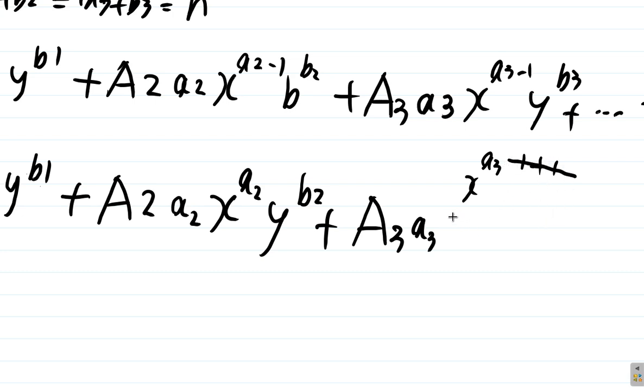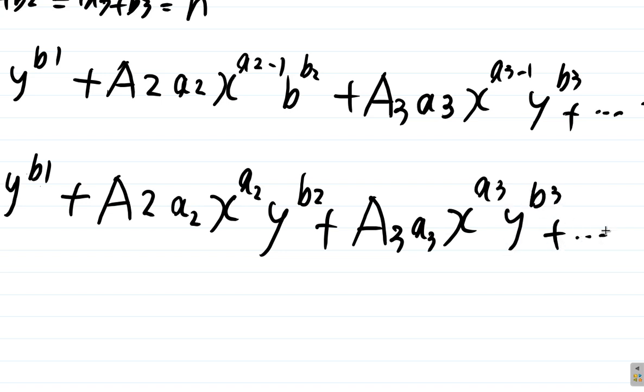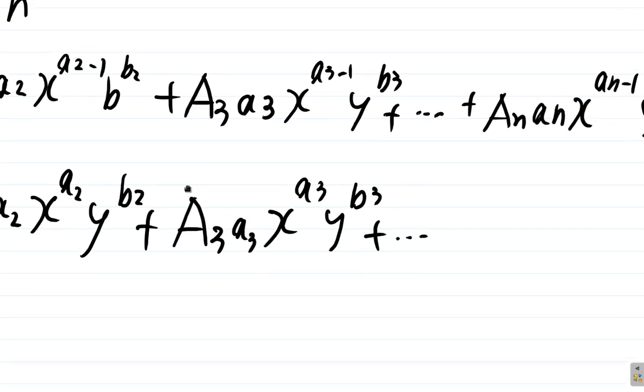So we end up only with x to the a3, just as before. Then we have our y to the b3, plus, and so on and so forth.